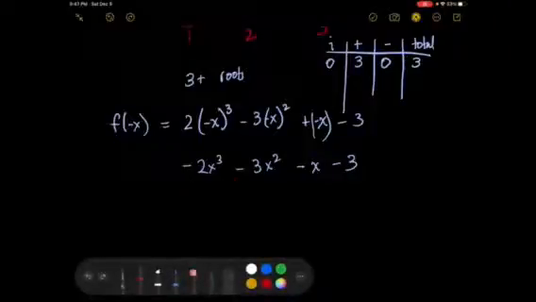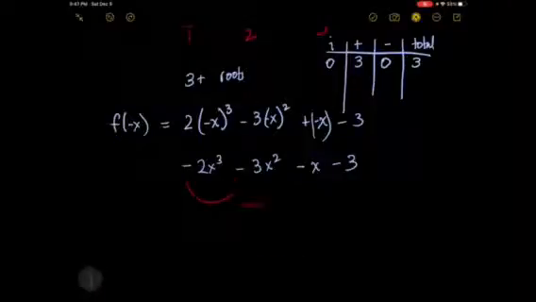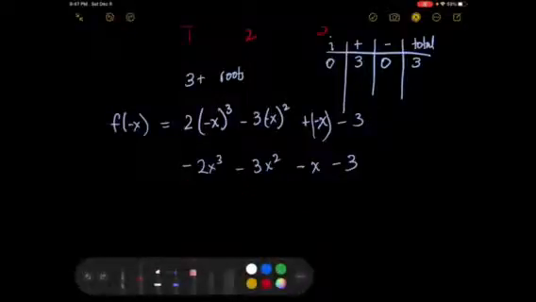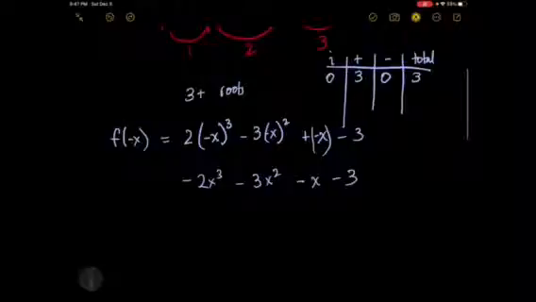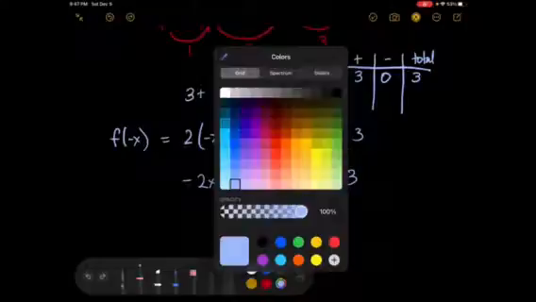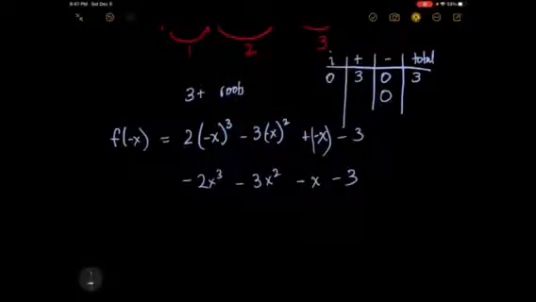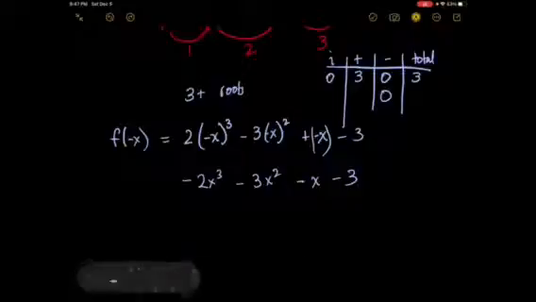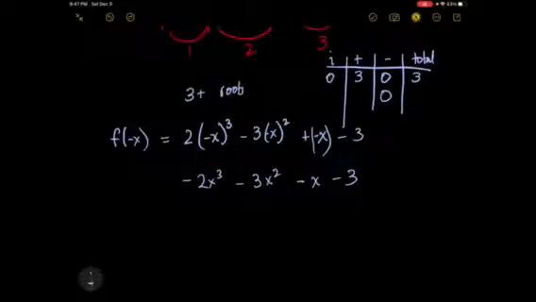There is no sign change here, nor there, nor there. So there are in total 0 sign changes. So the maximum number of negative roots that we can have is 0.